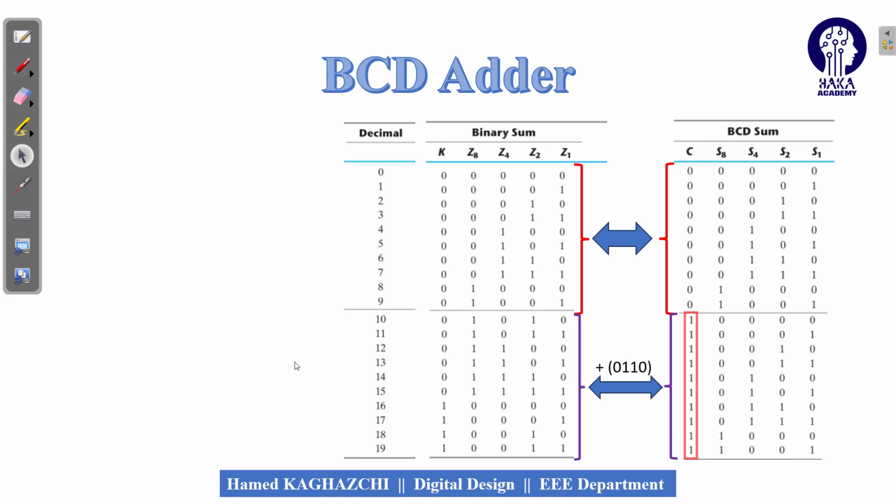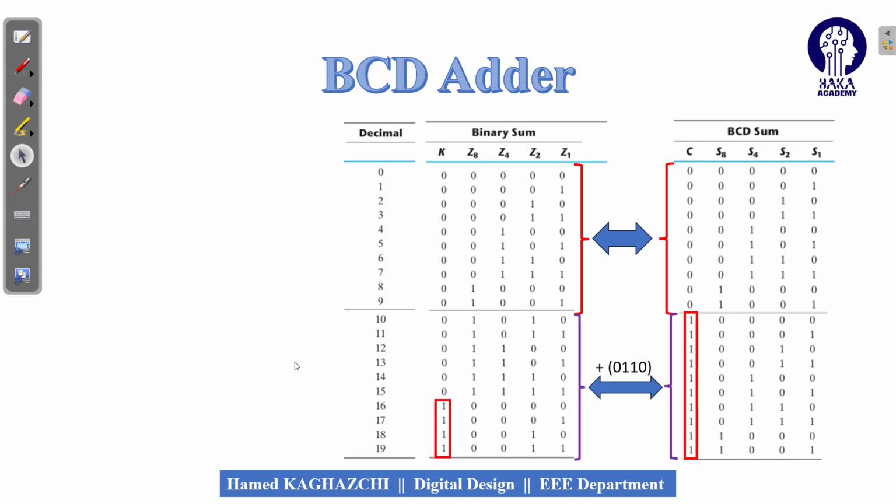Now look at here. How can I find that? If you look at this truth table, you can see that when I have to add 6 to the numbers, the value of the C is 1. So it means that by checking the C, we can understand that we have to add 6. But how? Look at here.